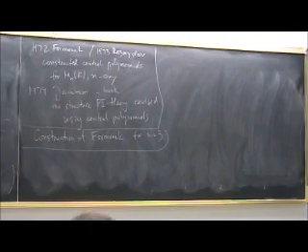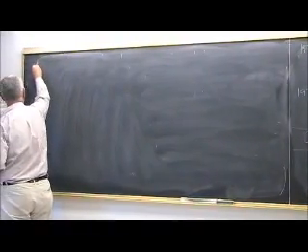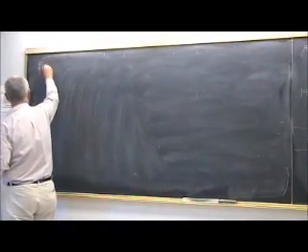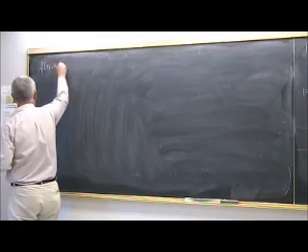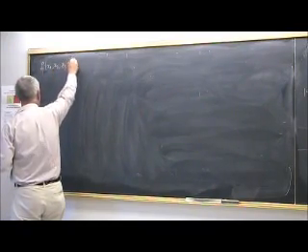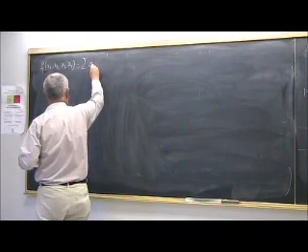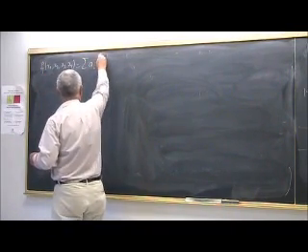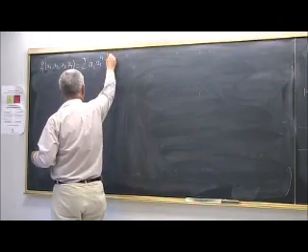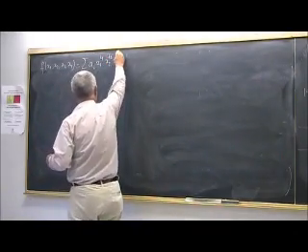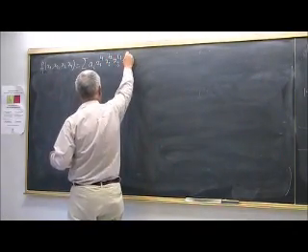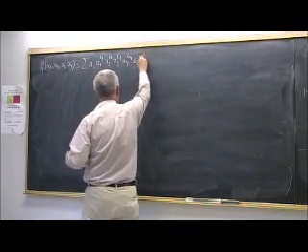So we do the following. We have some polynomial f in commuting variables, 4 variables, with x1 in degree i1, x2 in degree i2, x3 in degree i3, x4 in degree i4. This is a polynomial in commuting variables.